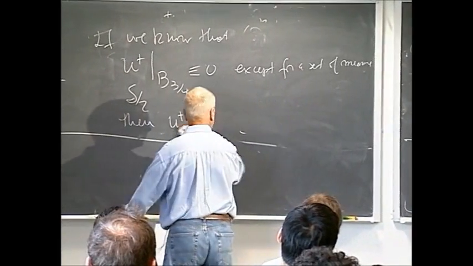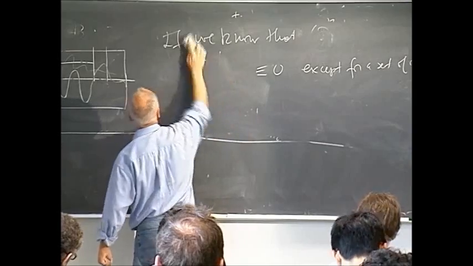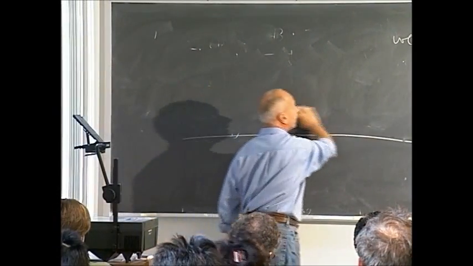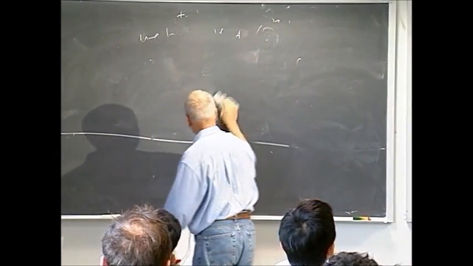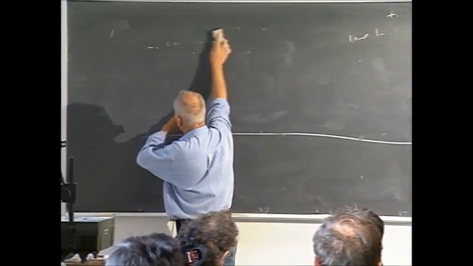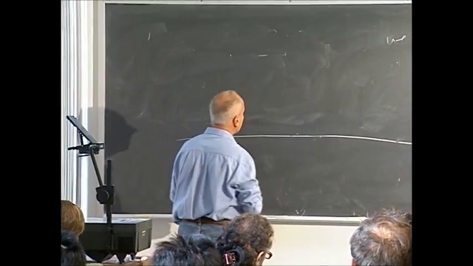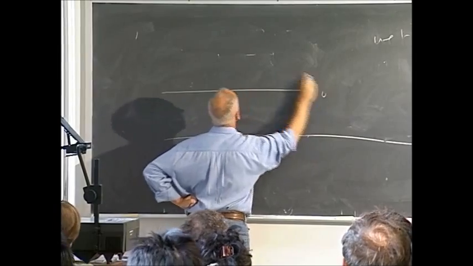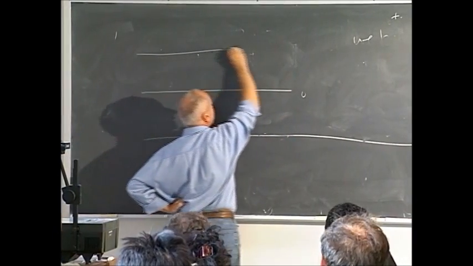And so basically the idea of the second lemma is the following. Here I have the level 0. Here I have the level 1.